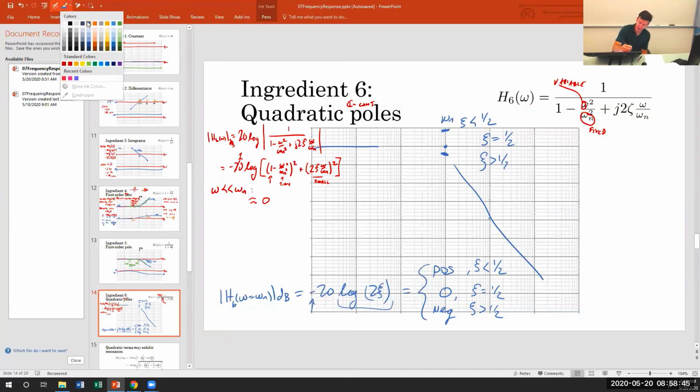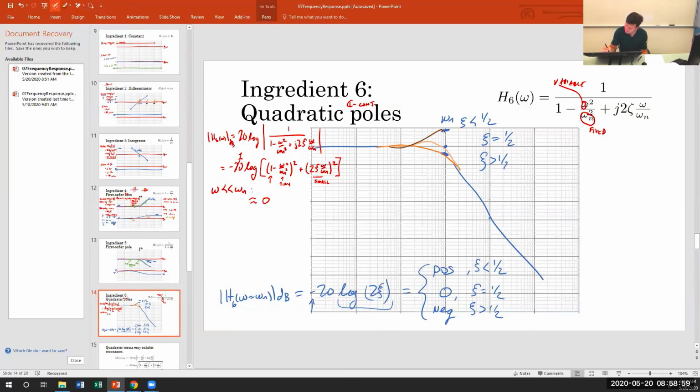We're going to learn next time what makes this happen, and this happen, and finally this happen. They're all possible and they all depend on zeta. I hope this makes sense, because zeta is our damping ratio.